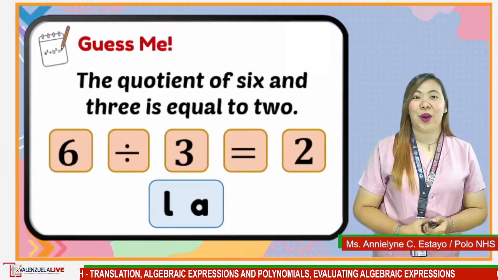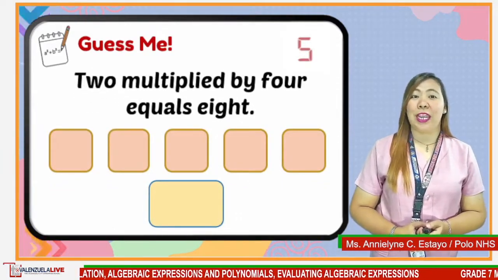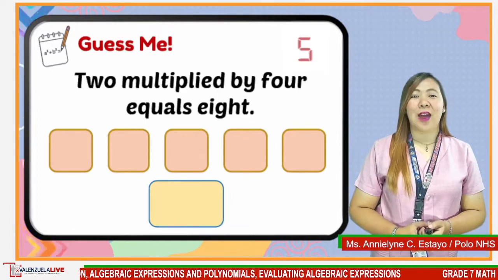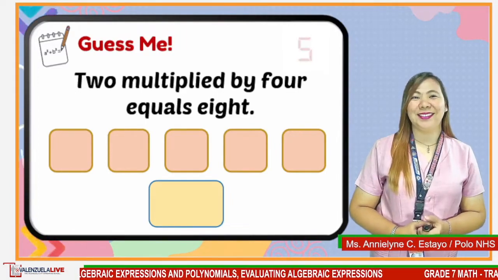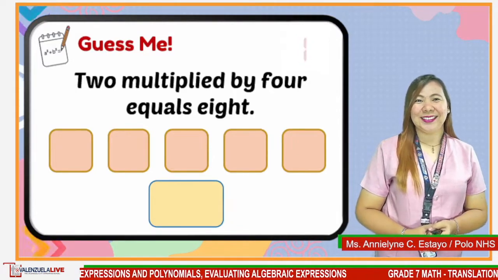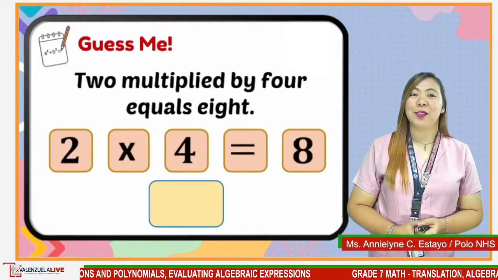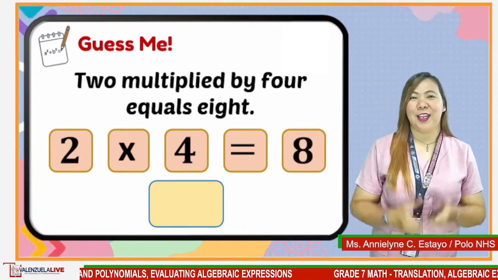For the last one, we have 2 multiplied by 4 equals 8. 5 seconds, go. The answer is 2 times 4 equals 8. Good job.